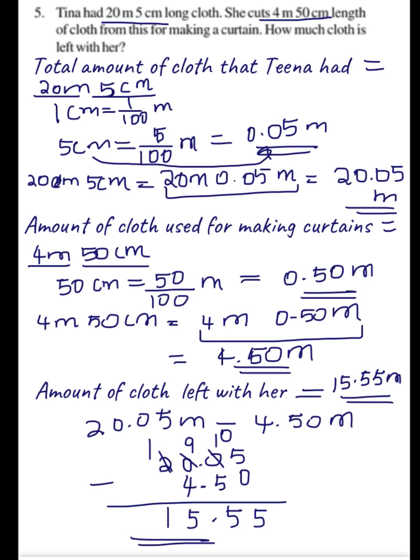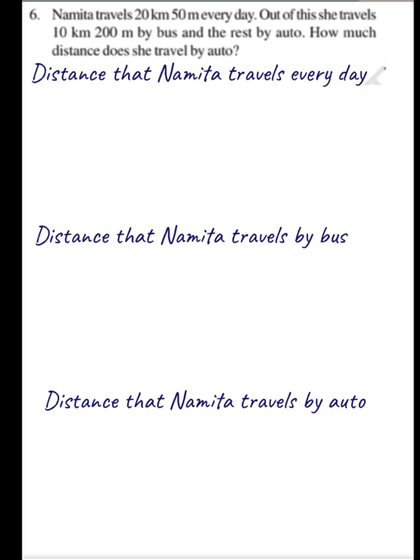Now let's see the sixth question. Namita travels 20 km 50 meter every day. Out of this she travels 10 km 200 meter by bus and the rest by auto. How much distance does she travel by auto? Let's write the things which are given in the question.